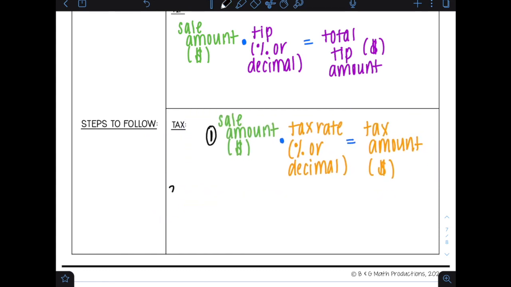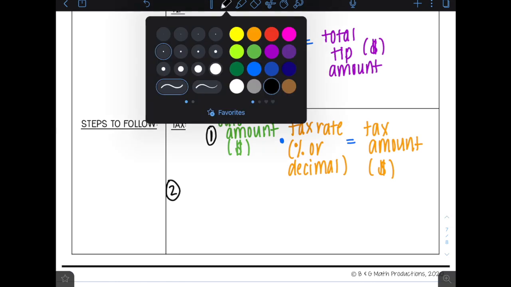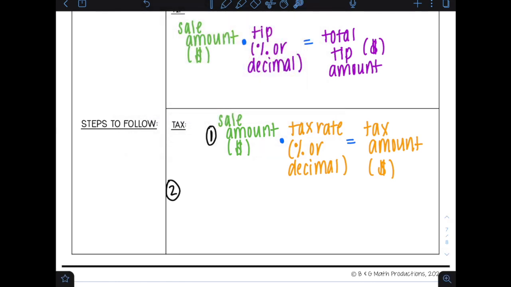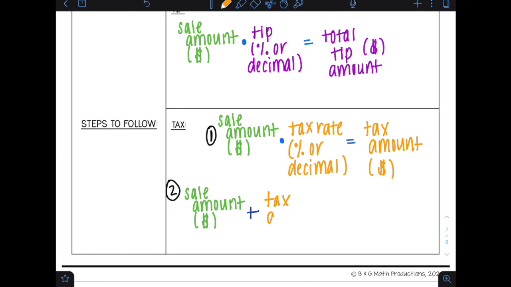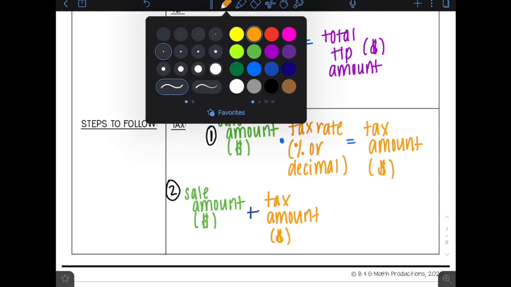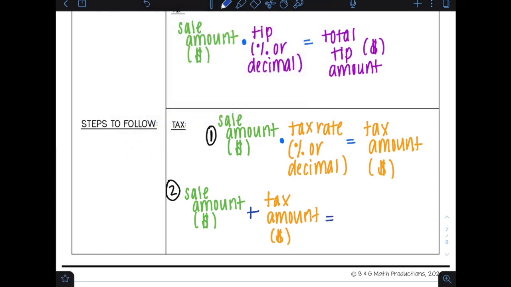So step two for finding your tax, you're going to take the sales amount, you're going to add that tax amount now in dollars, and then that is going to equal the total balance. The final after your tax is added.